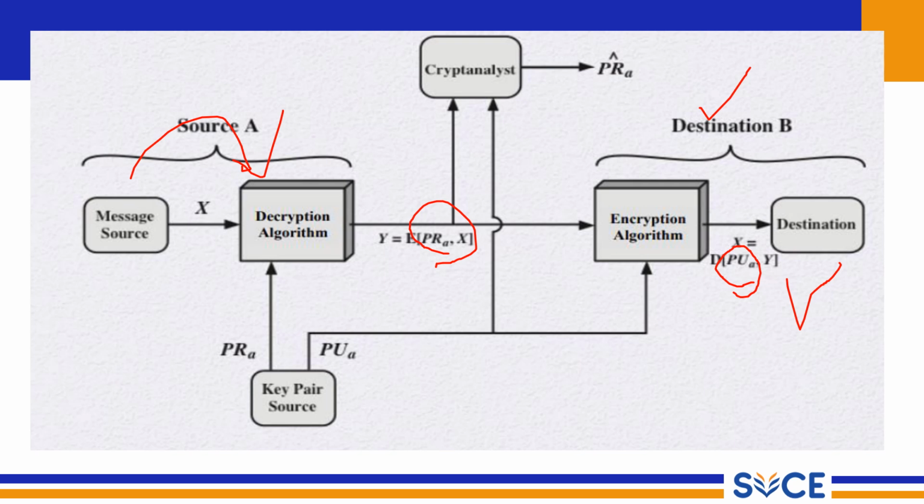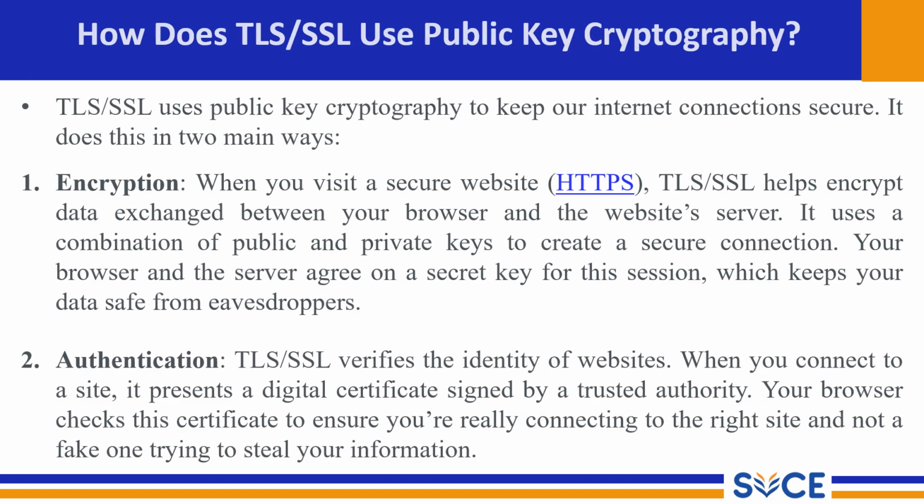If you take the applications of the public key cryptosystem, it is used in three categories: encryption and decryption, digital signature, and key exchange. In encryption and decryption, the sender encrypts a message with the recipient's public key. The second one is the digital signature, where the sender signs a message with their private key.